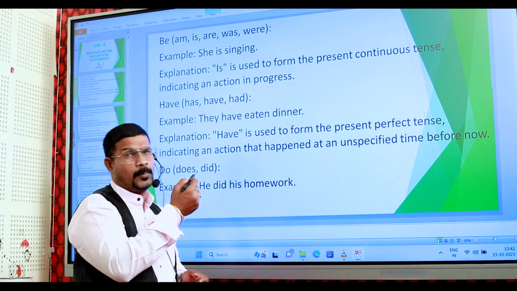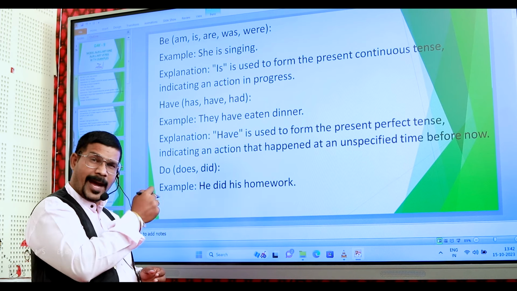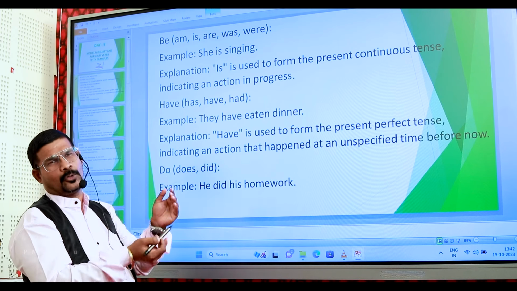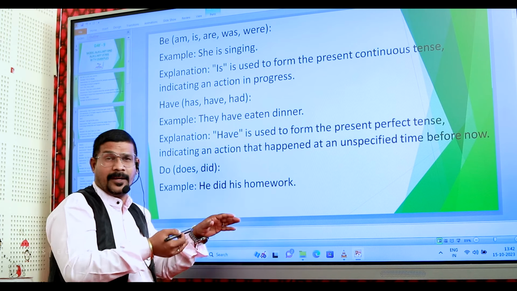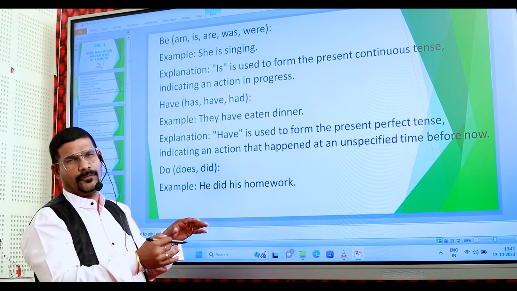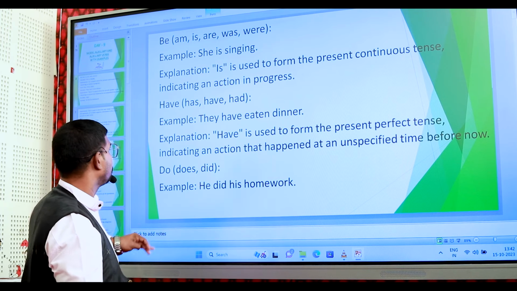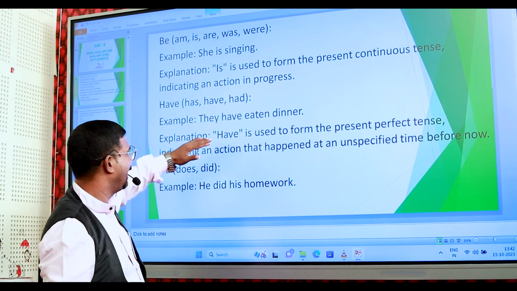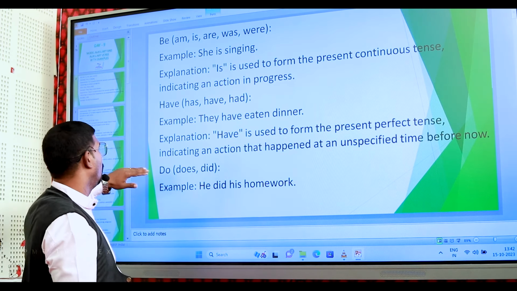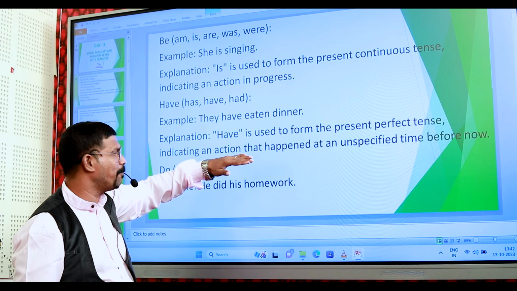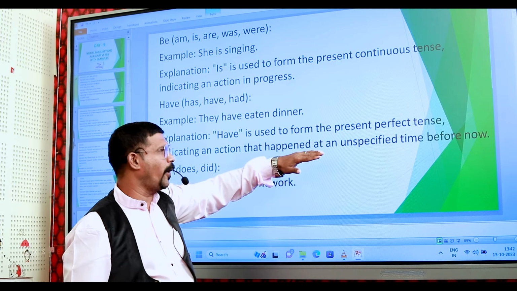If you didn't watch the previous video, go back, watch it and come back to this video. Then you will grasp and understand the formation of the sentence. Explanation: have is used to form the present perfect tense, indicating an action that happened at an unspecified time before now.